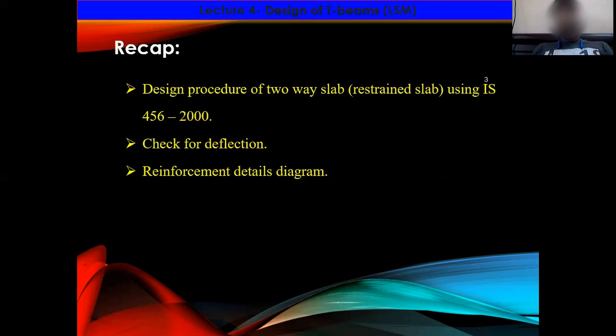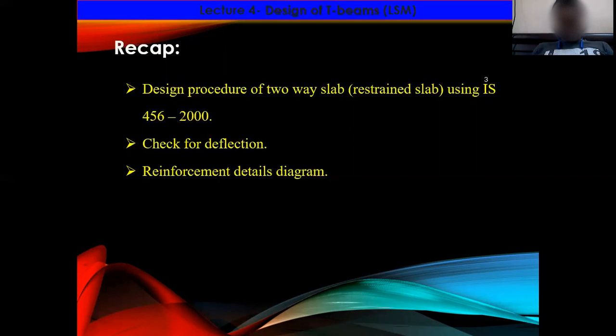Then we calculated the effective span, and different types of loads on the slab. And after application of partial safety factor, we calculated the factored loads, and based on the factored loads we determined the maximum bending moment and shear forces.